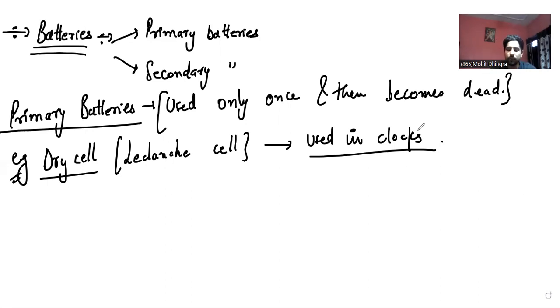Now, in them there is a container which is made up of zinc. In that container of zinc, the anode and cathode are present.